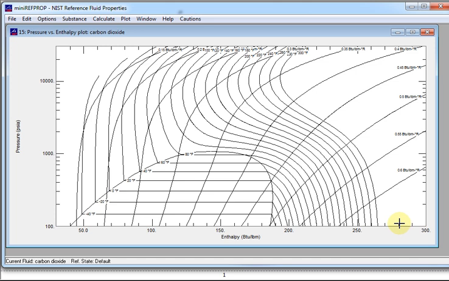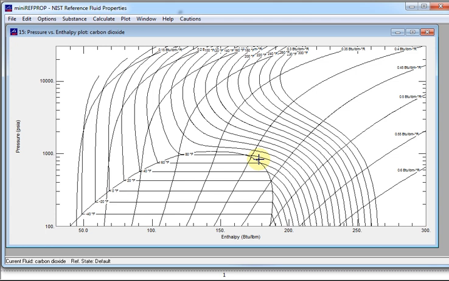Okay, where does the CO2 behave as an ideal gas? And when it behaves as an ideal gas, the enthalpy is a function of temperature only. So where in this plot is enthalpy a function of temperature only? I'm rewording your question, okay? Is that okay? So where on this plot is enthalpy a function of temperature only?